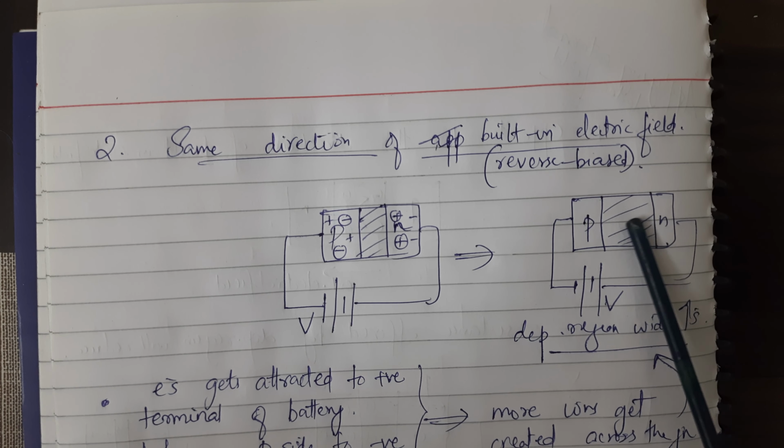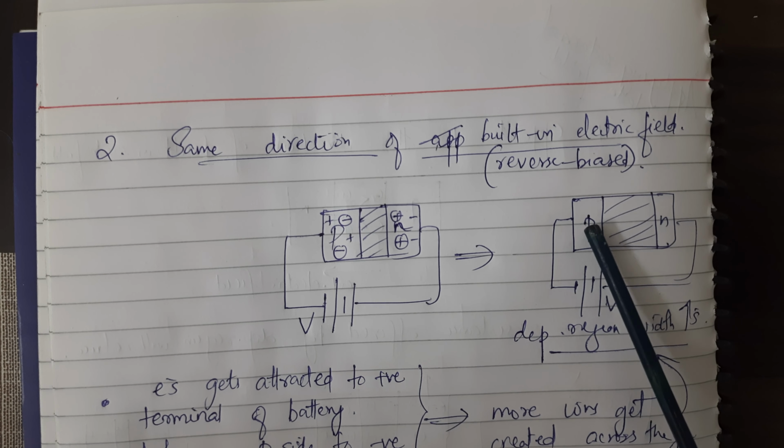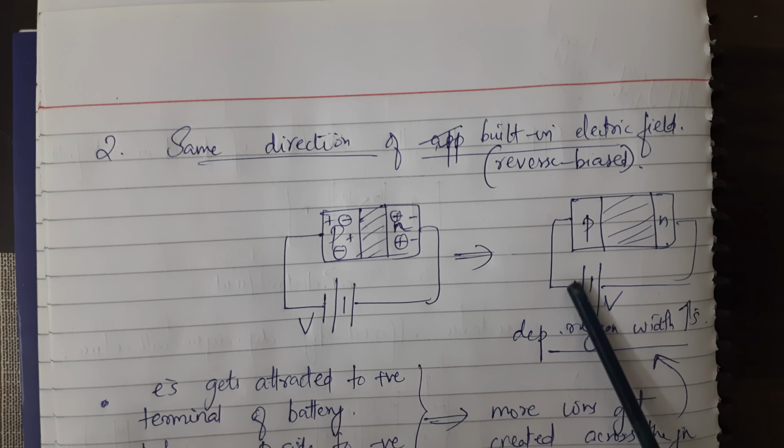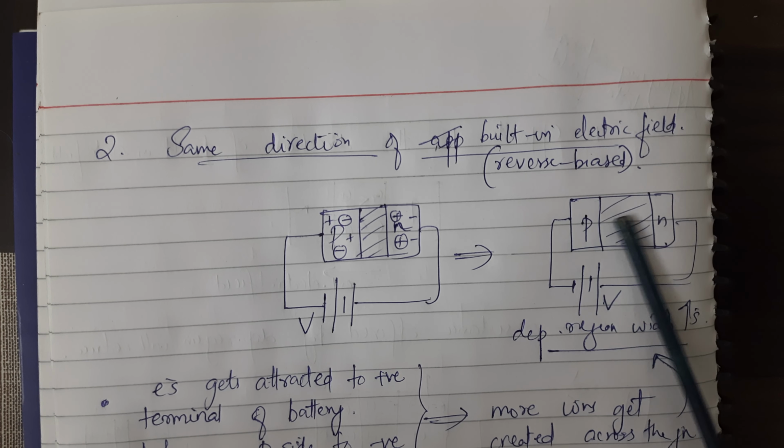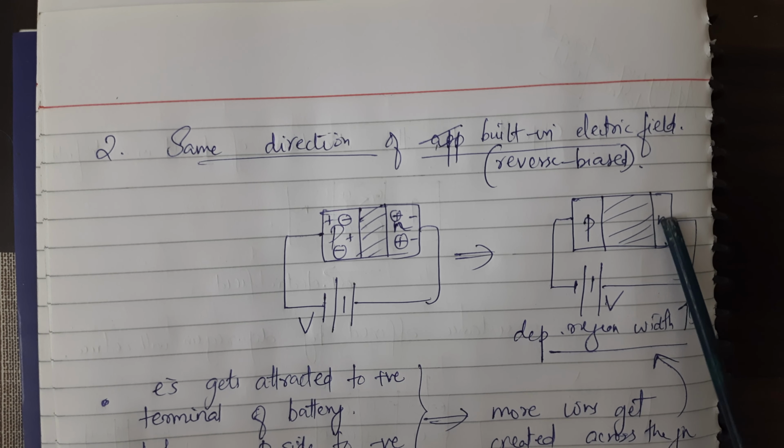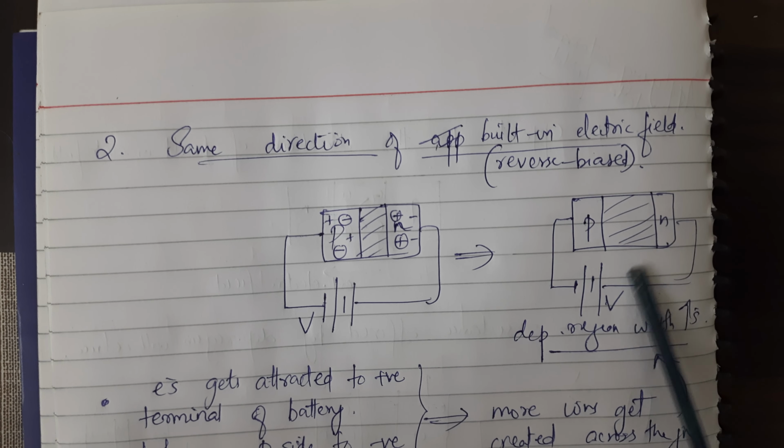They will cross the depletion region and go to the p type, and they will get attracted to the negative terminal of the battery. Similarly, in the p region, electrons are the minority, they will cross the depletion region, and they will reach the n side, and they will get attracted to the positive terminal of the battery.